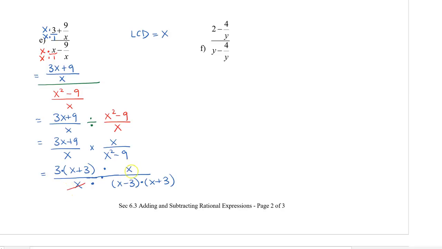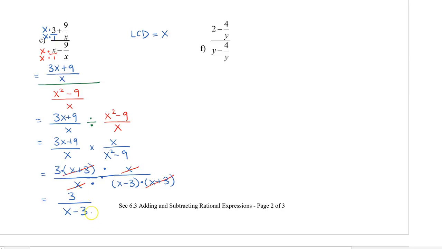So I see that I have an x in the numerator and denominator. I also have an x plus 3 in the numerator and denominator. So the only thing that I have left in the numerator is going to be the 3. In the denominator, I have an x minus 3.